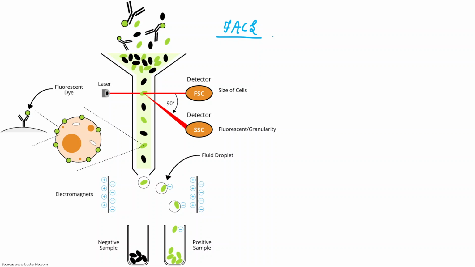Both can be used, but they have some differences. The basic difference is in the usage of fluorescence versus magnetism. MACS is a little faster than FACS, but FACS is a traditional technique and it is widely used for cell sorting. Another name for this is flow cytometry.